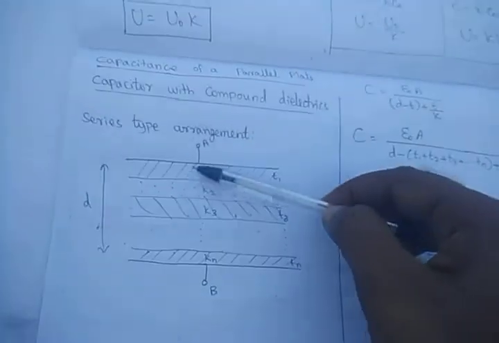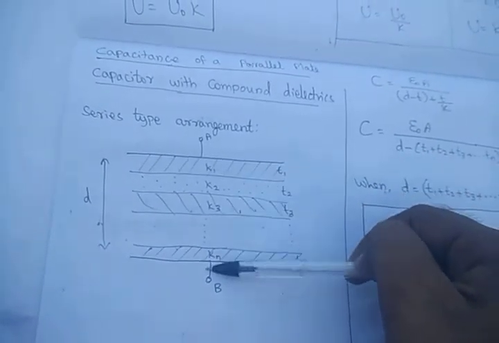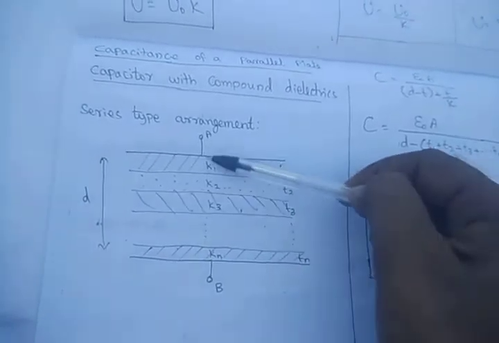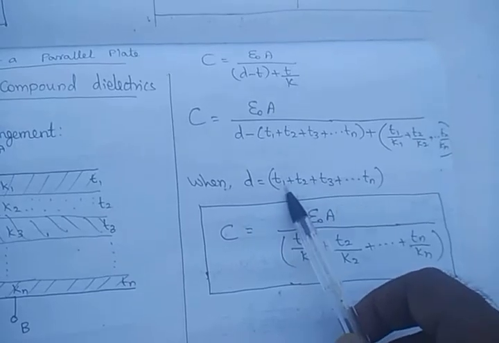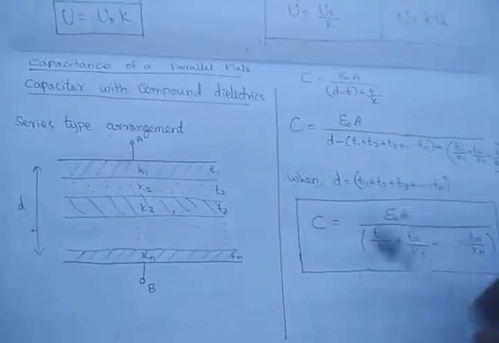Since n dielectric slabs are placed in the parallel plate capacitor, completely covering it, d is equal to t1 + t2 up to tn. The plate separation and the total slab thickness are the same.